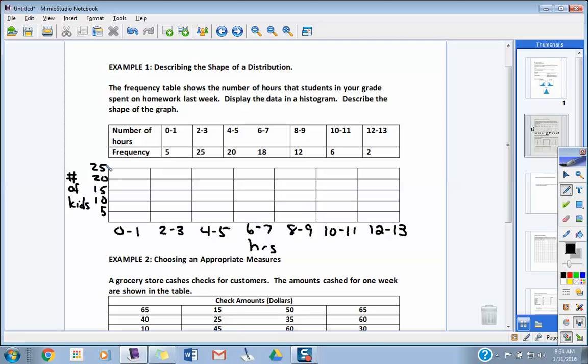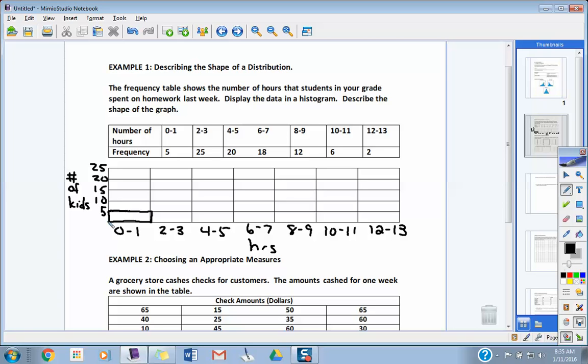All right, so how many were there in that first interval, guys? 5 of them. So all you're going to do is draw this up to 5. Okay, there's that first bar. How about the second one, guys and gals? 2 to 3 hours. How far up am I going?